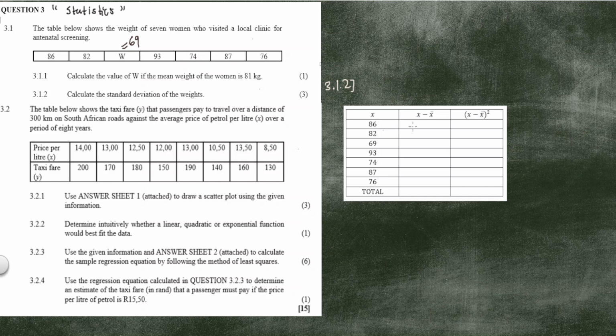Then you take x and subtract x bar. Remember, x bar is the mean. We are told that the mean is 81, so we're going to use that.